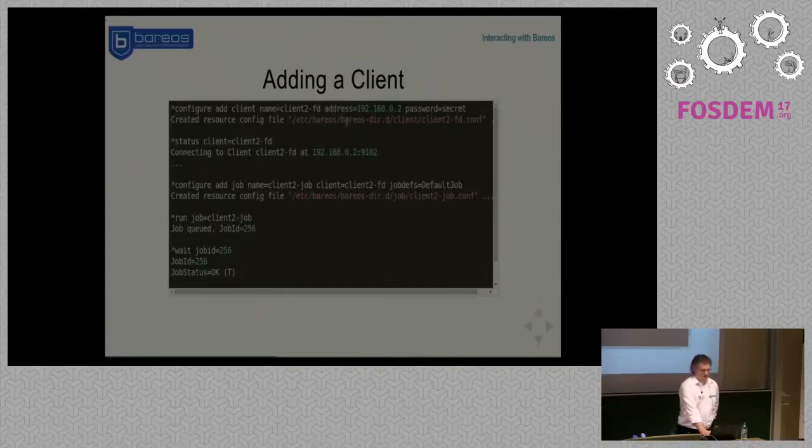Otherwise, it creates a resource file, configuration file for the new client, and immediately loads it. So you can directly start to use it and check if it's really working with status client and then client name. The same you can do with jobs. So you create your jobs, and after these three commands, you can just run the job and reserve.